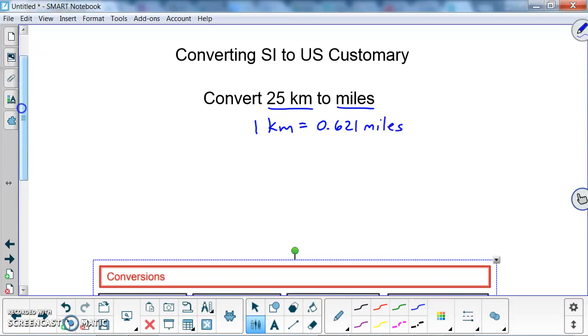And so I'm going from kilometers. I'll write this out carefully so that my conversion factor will be exactly what I need it to be. The reason why I'm putting 1 kilometer in the denominator is I want to eventually be able to cancel out kilometers.